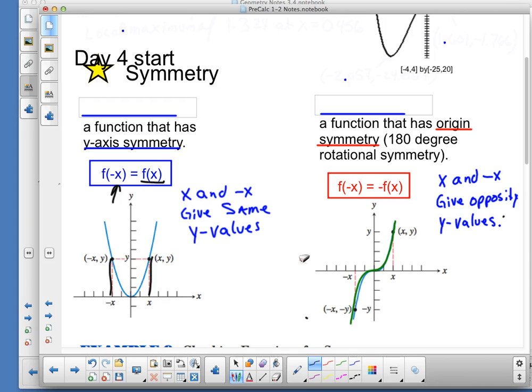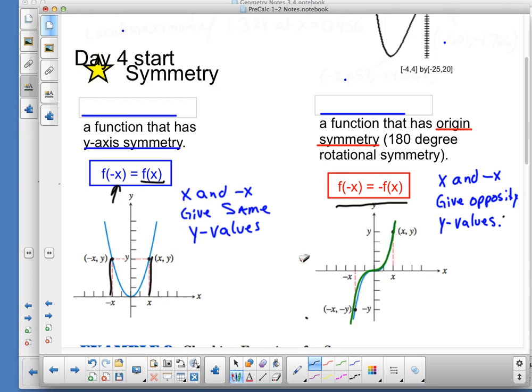In an odd function, okay? An odd function is defined this way. The opposite of x is put into f of x, and what happens is that all the signs inside that function get changed. Not just one, not just two, well, the constant didn't change.